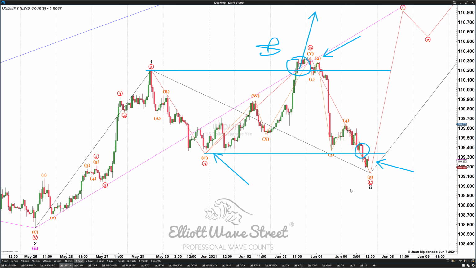Well, on the dollar yen, my bias, my Elliott wave analysis, is to have another leg up this week on the dollar yen, back to the highs. Because I have the wave count, is that enough to go and trigger a trade just because the wave count is there? No. I need something else. I need validation.